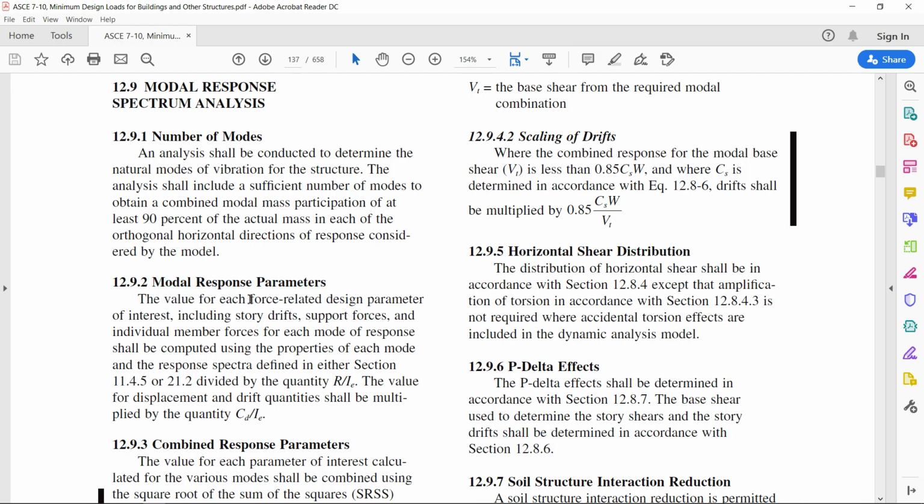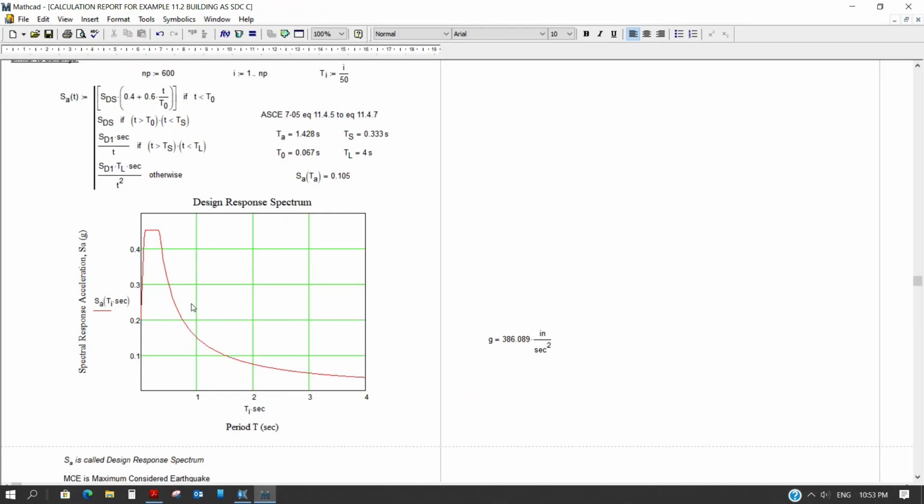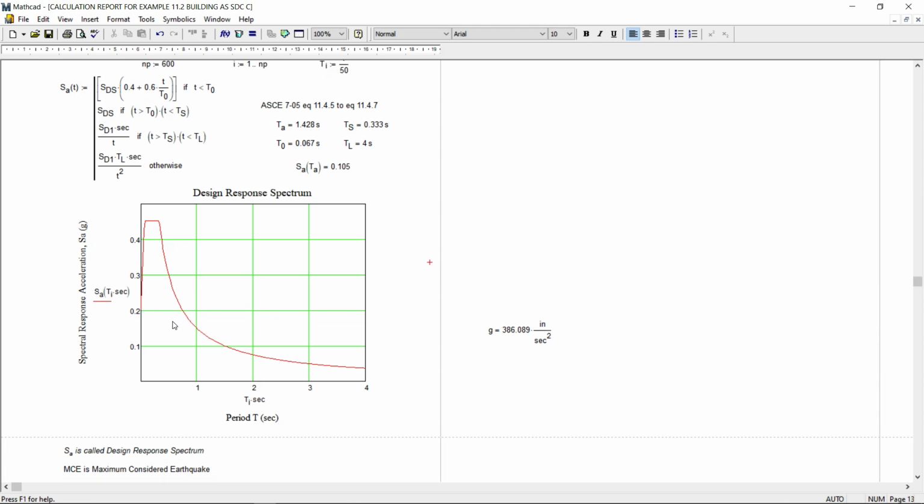It says the value of each force-related design parameter of interest, including story shear, support forces, and the individual member forces for each mode of response, shall be computed using the properties of each mode and the response spectra defined in either section above, that is 11.4.5 or 21.2, divided by the quantity R over I. So that means the modal response or the parameters which we receive, we have to divide by R over I. So let's see what was R and what was I. I for earthquake, if you remember, was 1, and this was the modal response spectra.